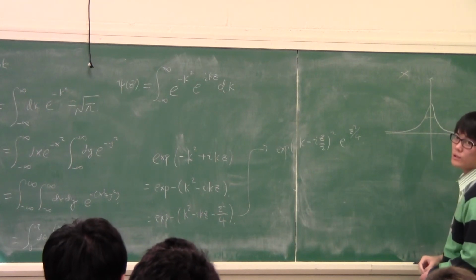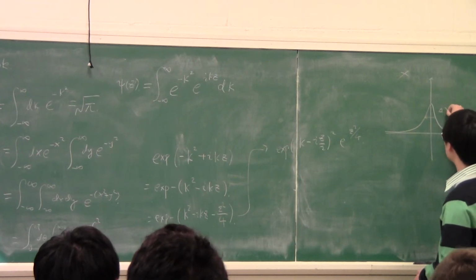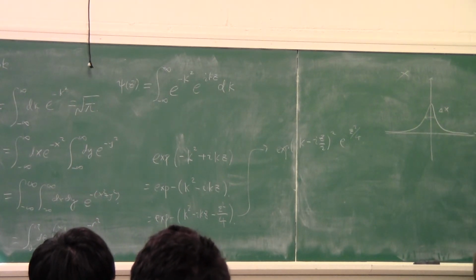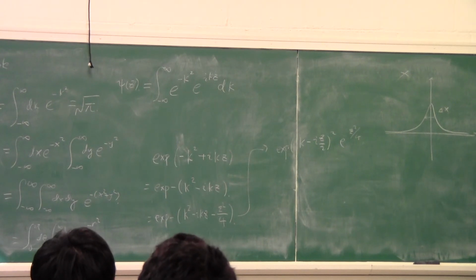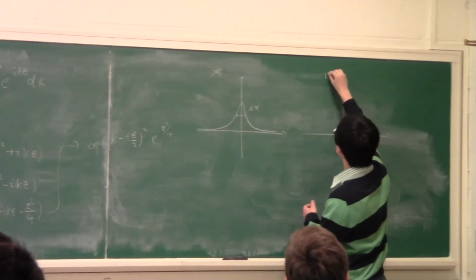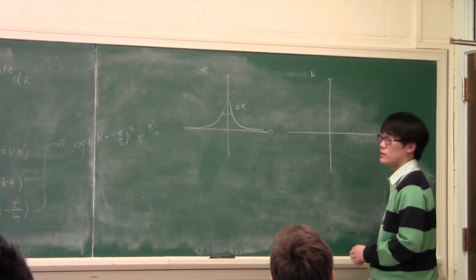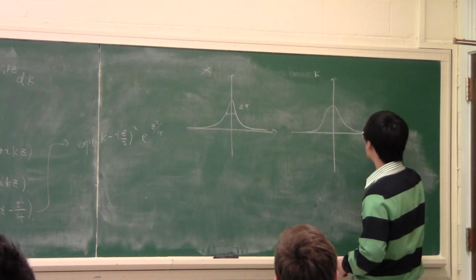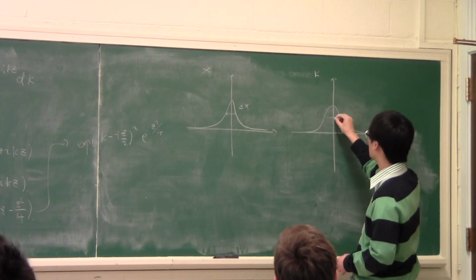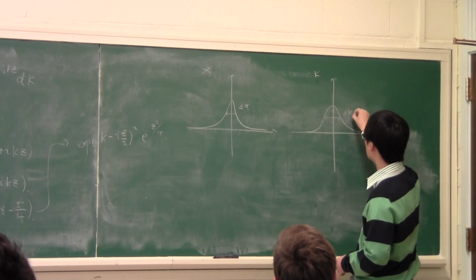And then there's a certain width. Let's call this delta x. Okay. And then in the momentum representation, the Gaussian looks similar. Okay. And then there's a width delta k.